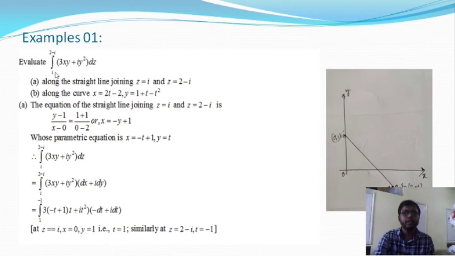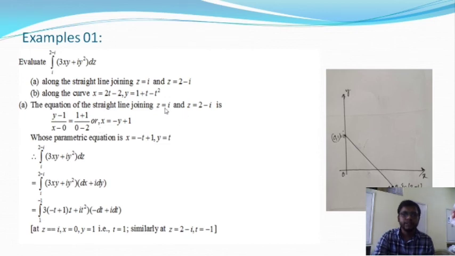Now we are going to find the integral value along the straight line z equal to i and z equal to 2 minus i. At first we find the straight line which passes through the points z equal to i and z equal to 2 minus i. At z equal to i, the point on the complex plane has Cartesian coordinates (0, 1), and similarly z equal to 2 minus i is the point (2, minus 1).